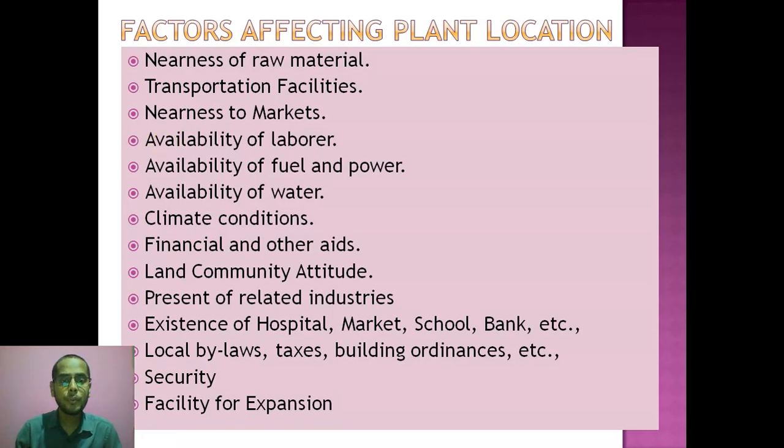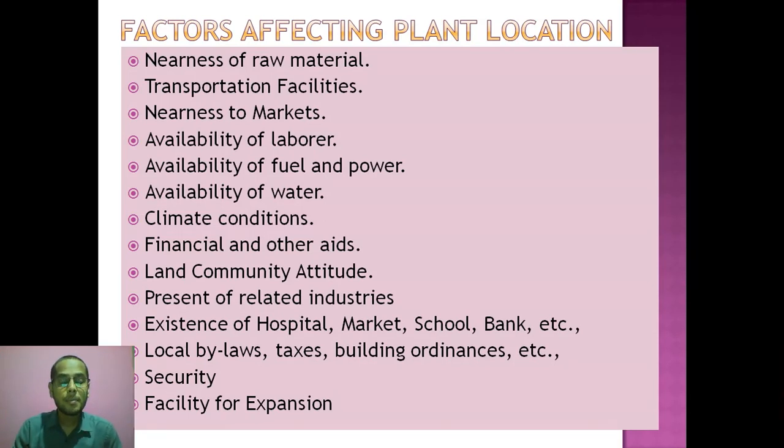Now, availability of fuel and power. As we already know, any plant either runs on a natural form of energy or works on electrical energy. If we say natural fuel, then it works on either petroleum or coal.